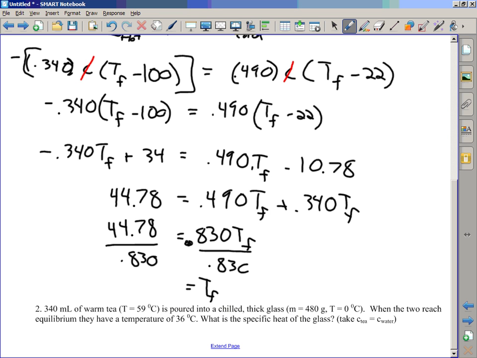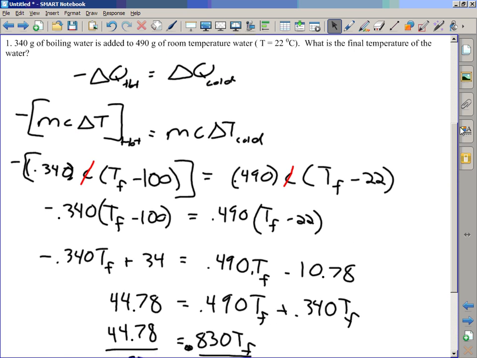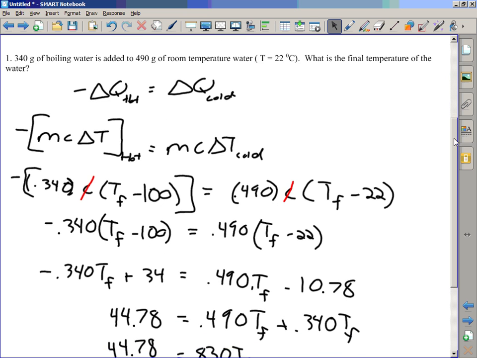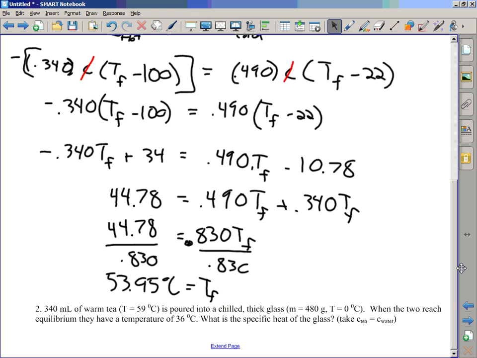TF equals 53 point what? 95 degrees Celsius. Let's check our sig figs. I got 2, 2, 2. I only get 2. This becomes 54.